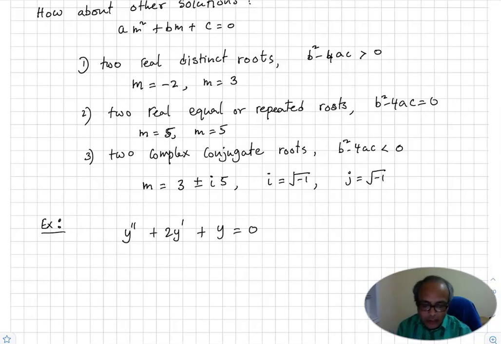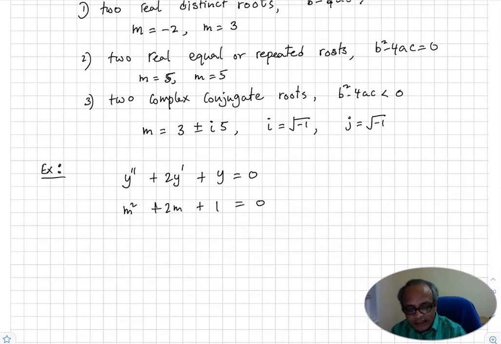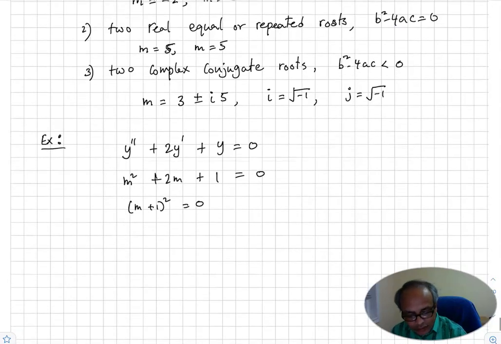Okay, y double prime plus 2y prime plus y equals 0, and again the same way you assume e to the power mx is a solution, so you get the characteristic polynomial. Then you can see that this characteristic polynomial is a perfect square, which is good.